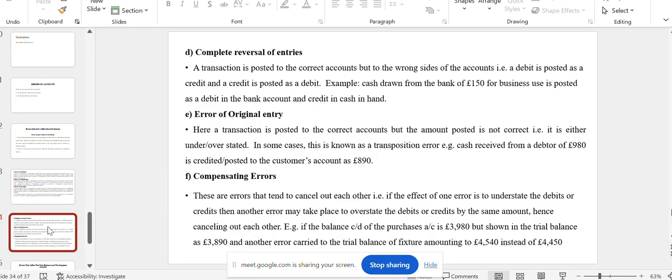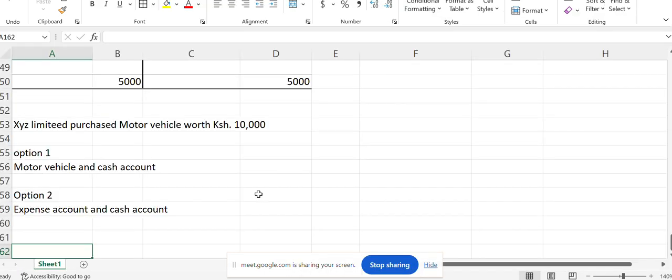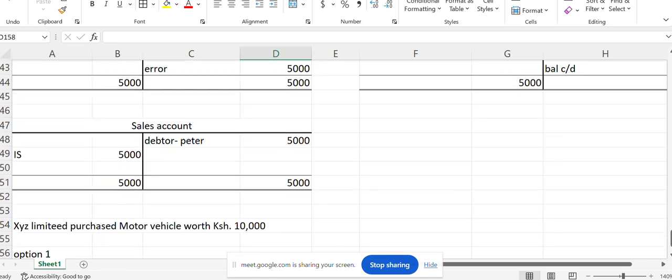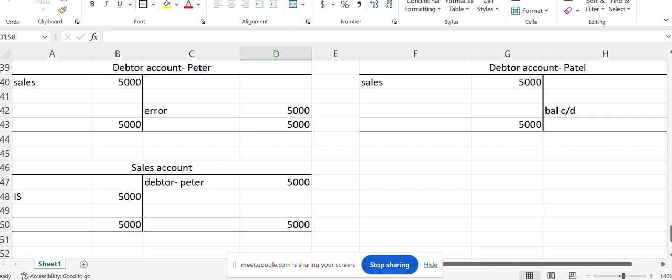The other one is what we call complete reversal of entry. For example, in our case here, this one is very easy. I'm not going to dwell here so much. You can see here we had two accounts, debtors account and sales account. We know very well that in the debtors account you are supposed to debit the 5,000, and in the sales account you are supposed to credit. But now you do the other way around.